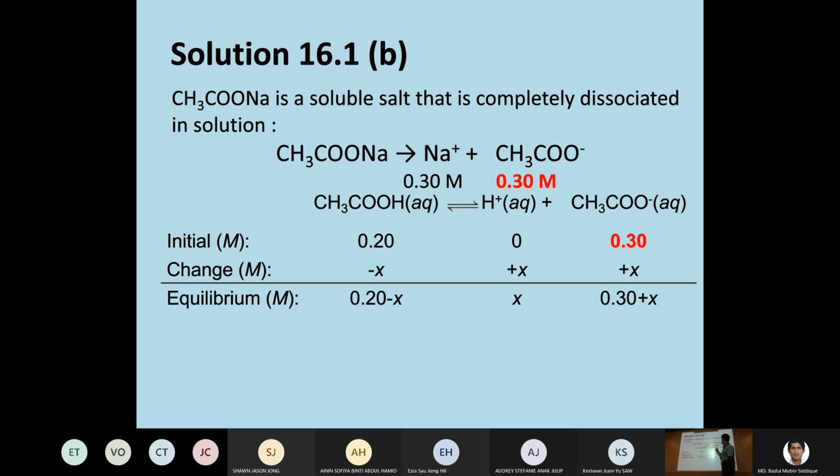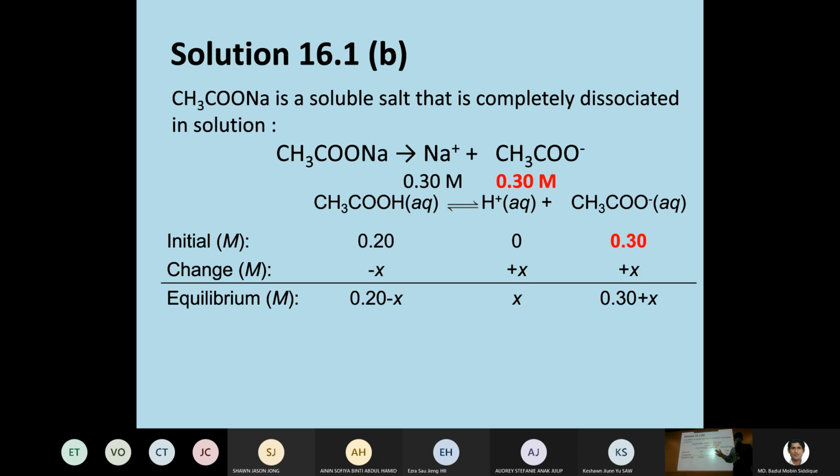That's why I was saying remember this part. Note this part. Initially we have 0.2 molar of acetic acid, and at that moment we already have 0.3 molar of acetate ion, but not hydrogen ion, because sodium acetate dissociated gave us acetate ion and sodium ion.